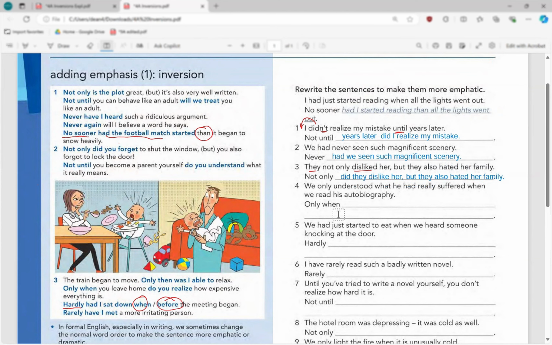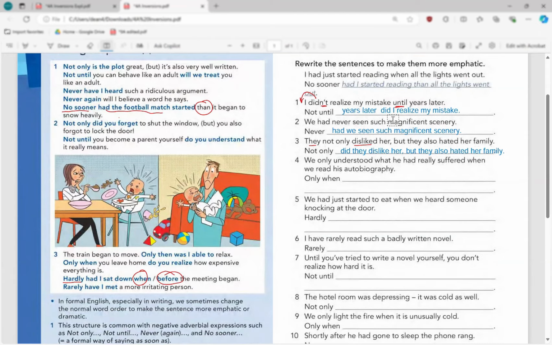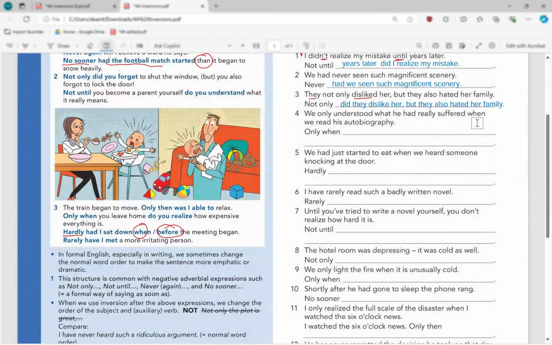Number four, we only understood what he had really suffered when we read his autobiography. We're taking only from here, and we're taking when from here. As I said earlier, not until and only when: inversion happens in the second part of the clause, not the first part. So only when we read his autobiography, we write this without any change.